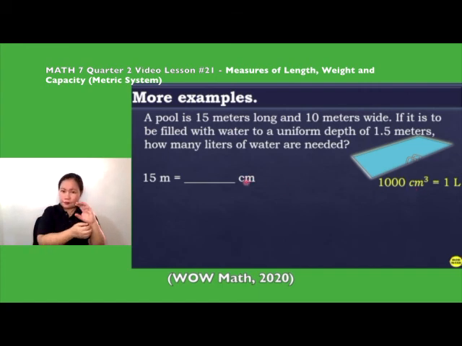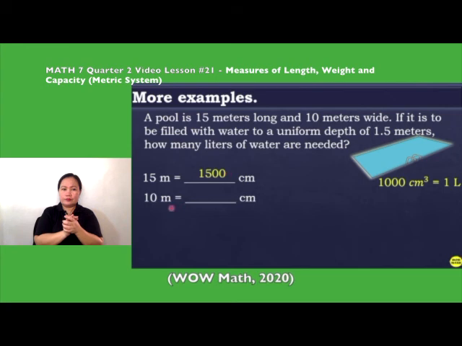So, gagawin natin siyang centimeter para makuha natin yung 1,000. Okay? So, for 15 meters, how many centimeters? So, sige nga, ilang move from meters to centimeters? Okay, very good. 2, going to the right. So, that is 1,500 kasi 1, 2.